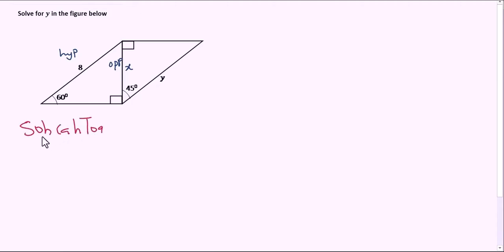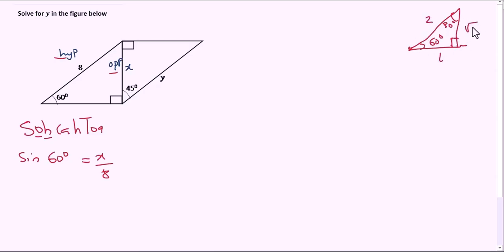Applying SOHCAHTOA. What can relate opposite and hypotenuse? Opposite and hypotenuse, that is sine. So sine 60 degrees is equal to what? Opposite is x over hypotenuse is 8. So from special triangles, we know that this is 60 degrees and this is 30 degrees, which means you need to be very familiar with special triangles. This is 2, 1, and then root 3. So what is sine 60 from special triangles?